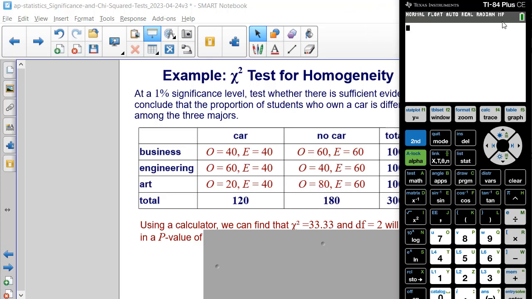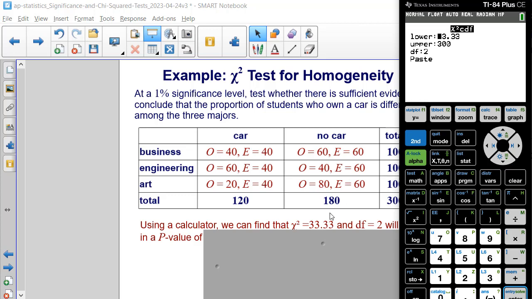And we can do this using the TI-84 Plus CE as well as a TI-89. In the TI-84 Plus CE, the desired chi-squared test is found in second variables, so the distribution menu. And then if we scroll down, there's the chi-square CDF that we had talked about on an earlier slide.